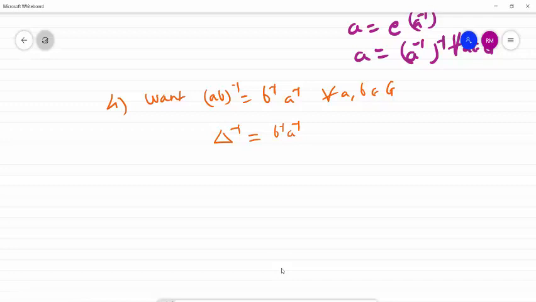This is an element, say, rectangle. If you replace AB by triangle, then we have to show triangle inverse is equal to rectangle.